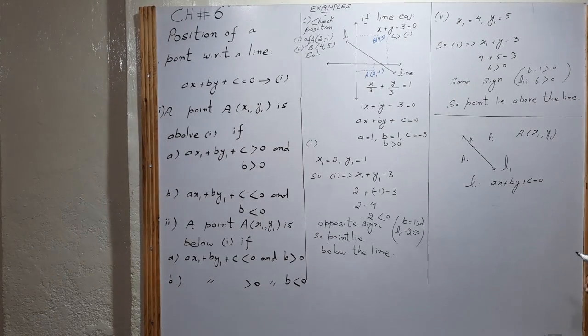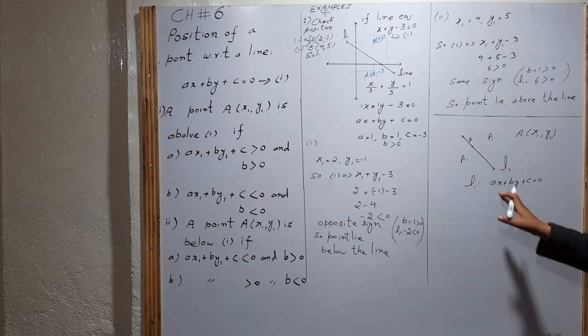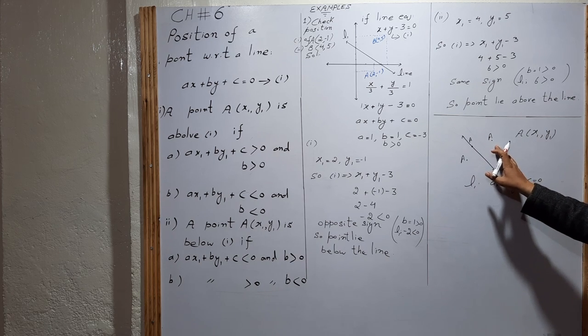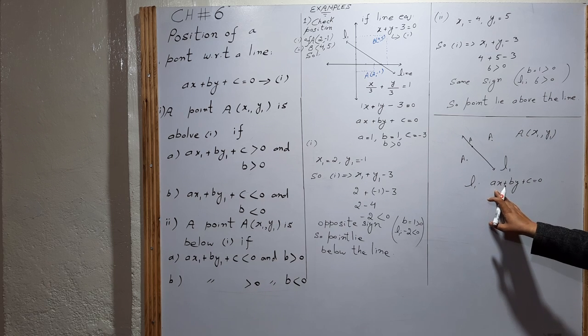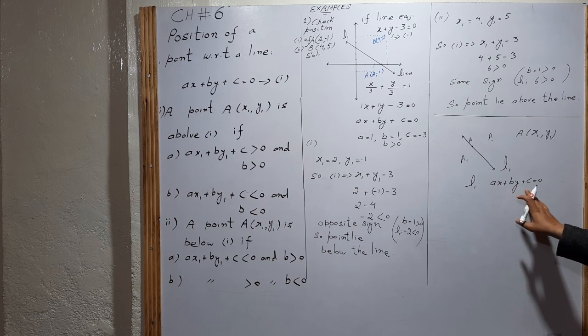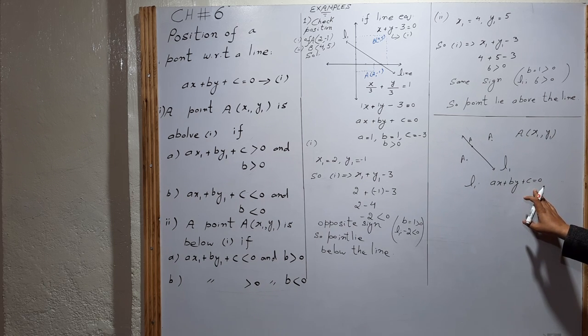How do we find whether the point lies on the line, above the line or below the line, when the line equation is given? What is the criteria? What is the method to handle this situation, to check whether the point lies above, below or on the line?